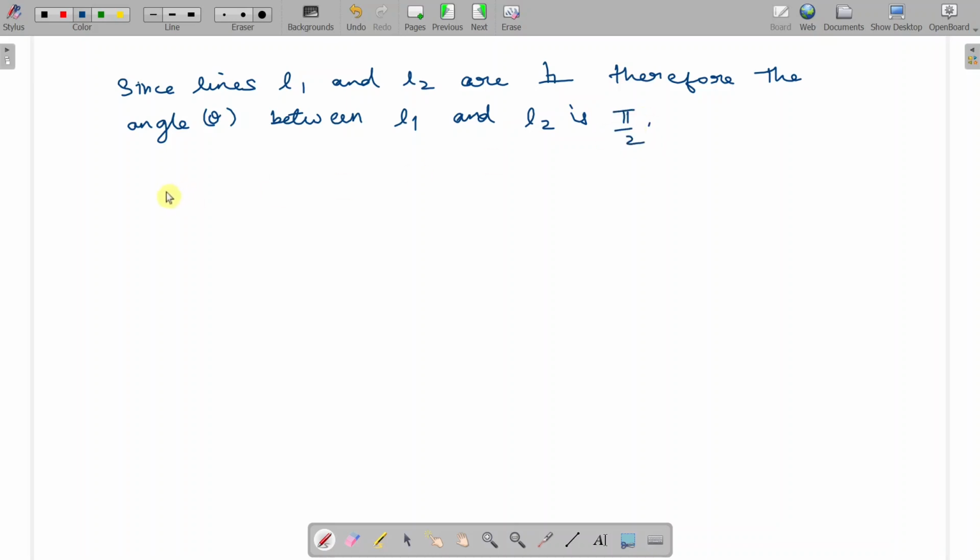Okay, so now we will take the formula by which we can find the angle between two lines.